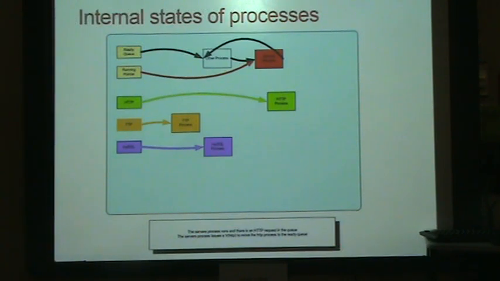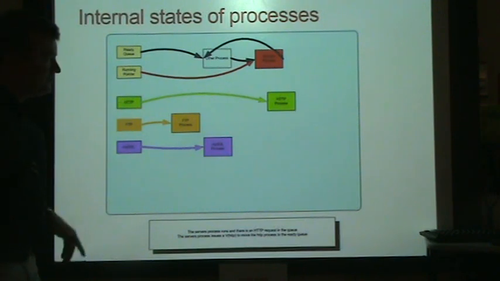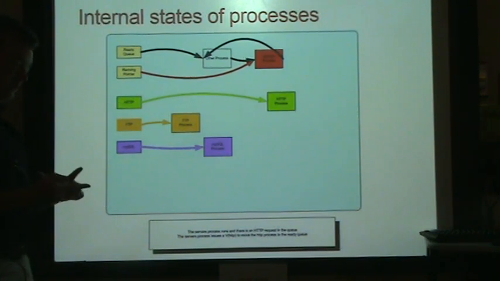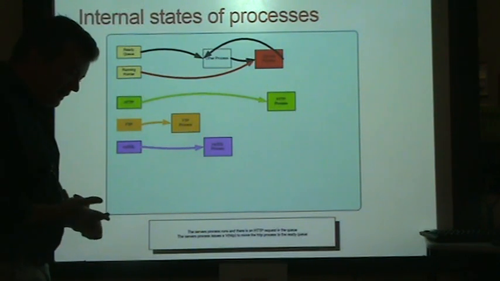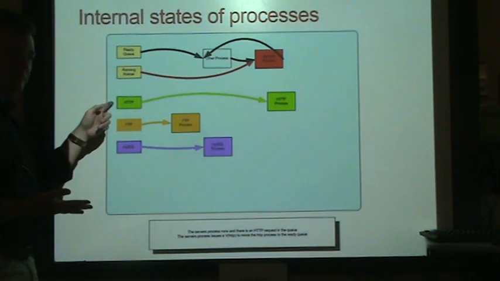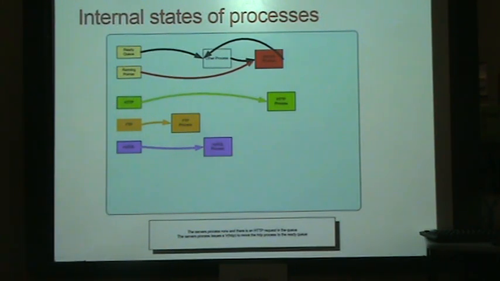Okay. So the question is, when you hit that button, Start Apache, what you're really doing is socket, bind, listen, and accept. You're doing all four by hitting that one button, right?